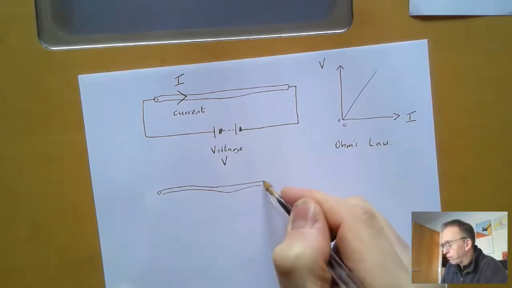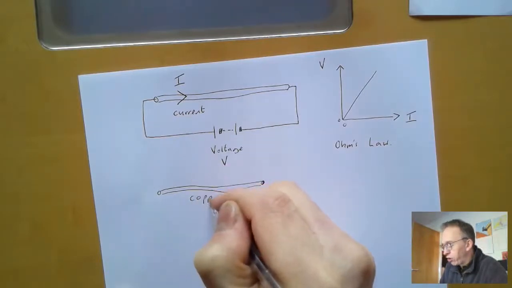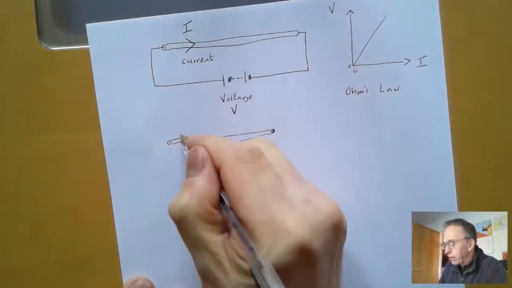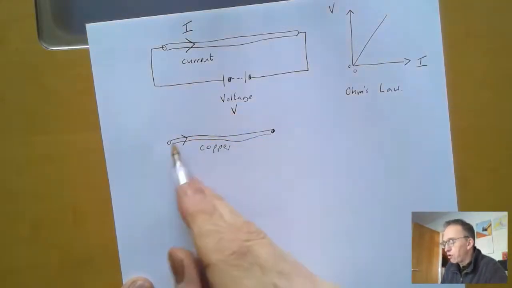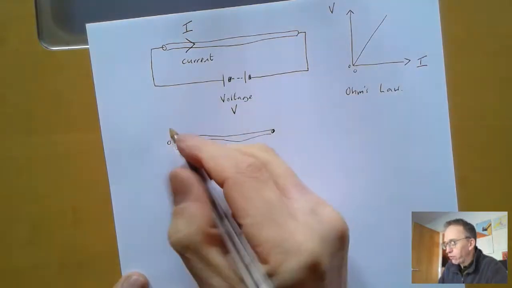So if we get, for example, a conductor like a piece of copper wire, and we apply a voltage to that, then the current that flows through it is quite large. So current flows easily through a piece of copper wire.